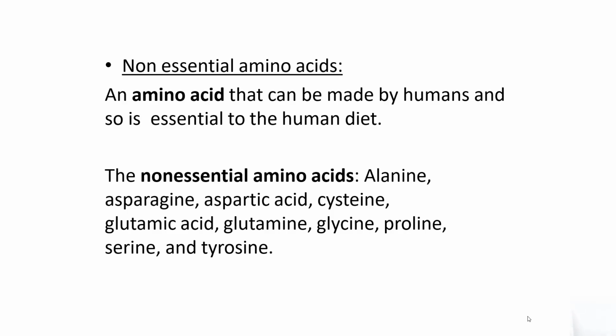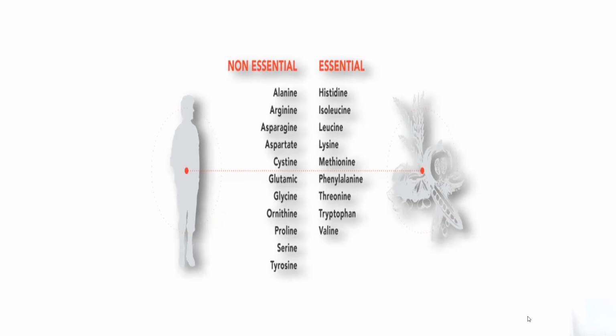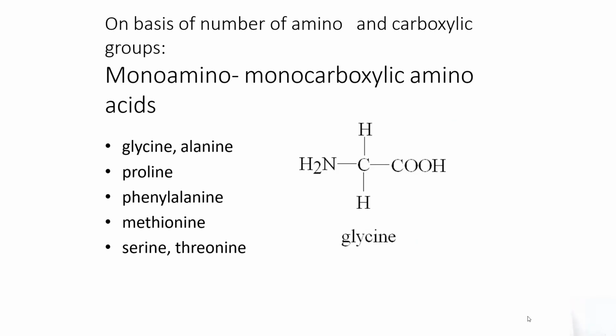They can be alanine, asparagine, aspartic acid, cysteine, glutamic acid, glutamine, glycine, proline, serine, and tyrosine. Okay, so that's the difference.